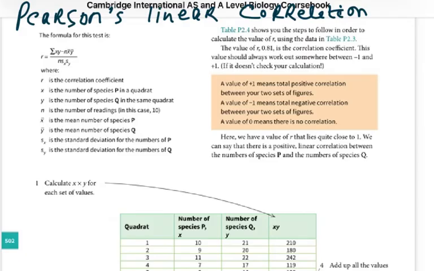In Pearson's linear correlation, the formula for this test is, I told you, you don't have to remember the formula. So the value r is the correlation coefficient.